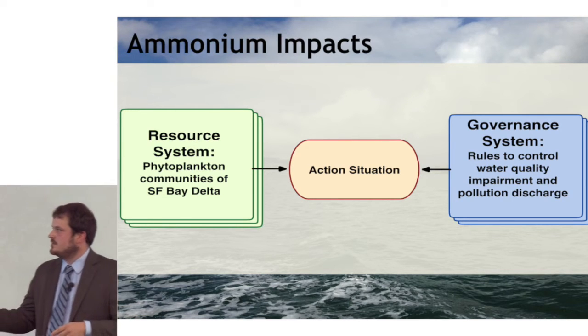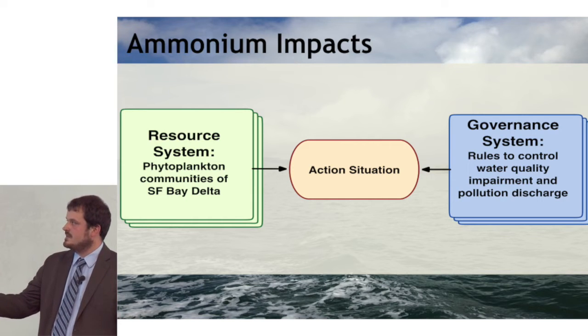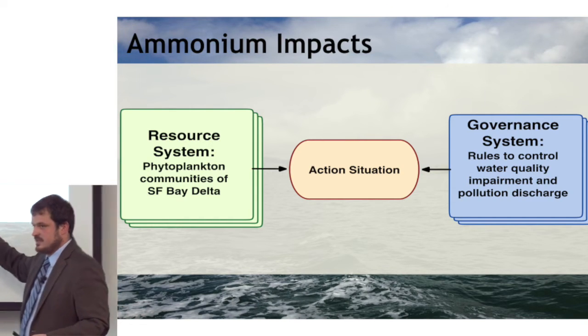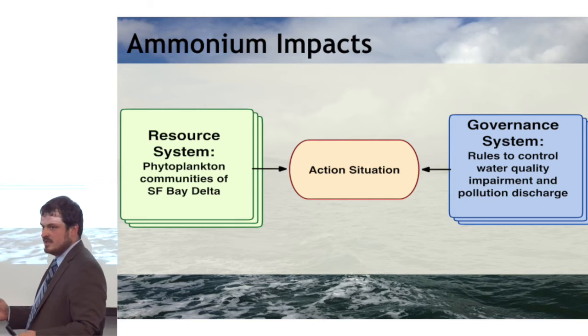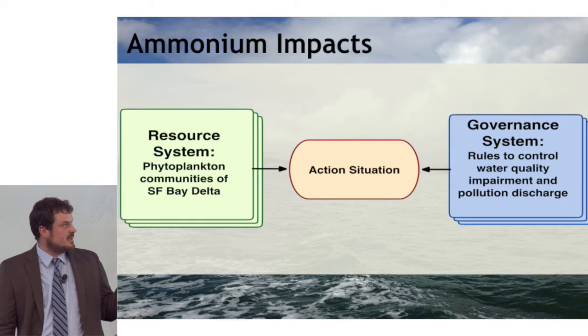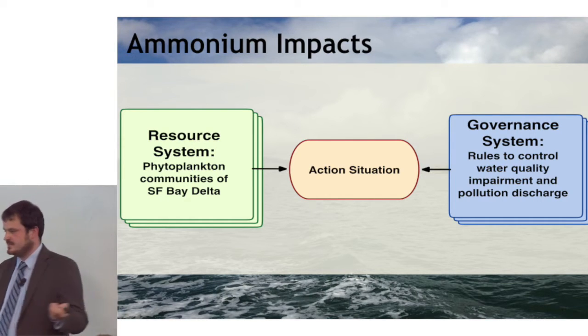Well, here, what I'm doing is trying to understand strictly the resource system in order to inform this part of the social ecological system. And I mean that quite literally. So this fall, I will be going to the Central Valley Regional Water Board and presenting the science directly to the water quality managers. And that's the science I'm about to tell you about. Sound good? Okay.